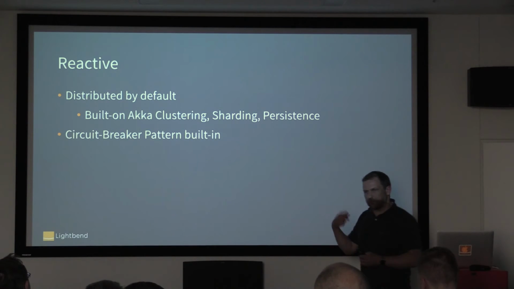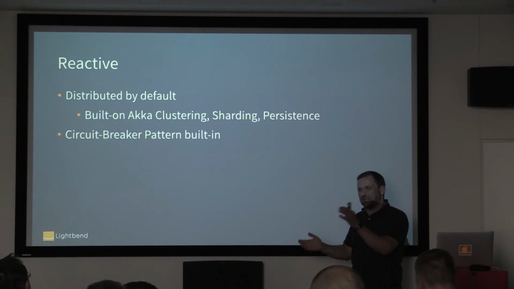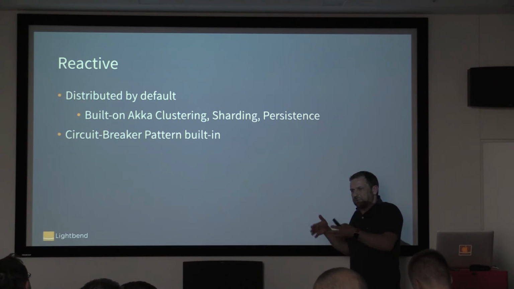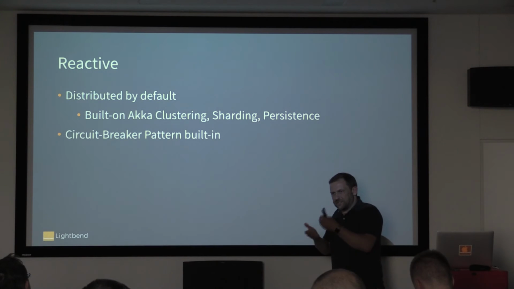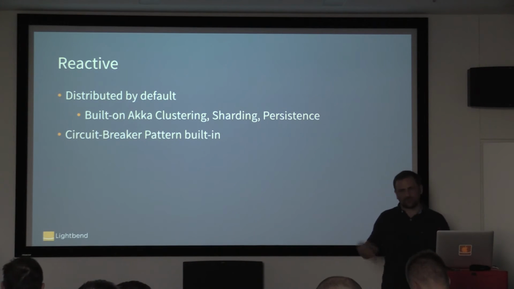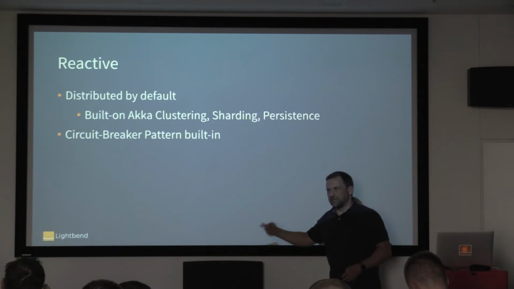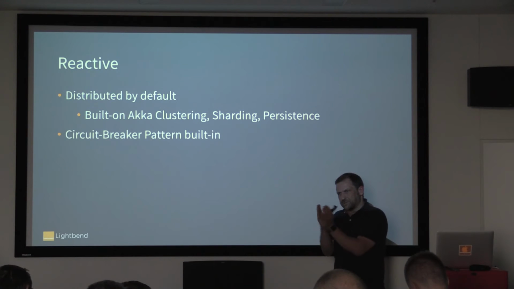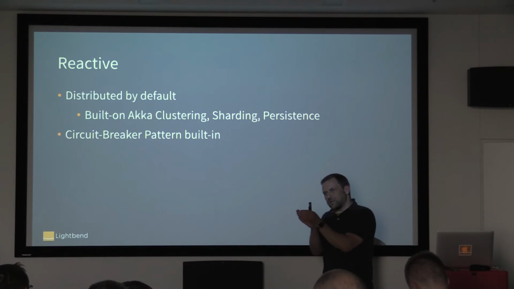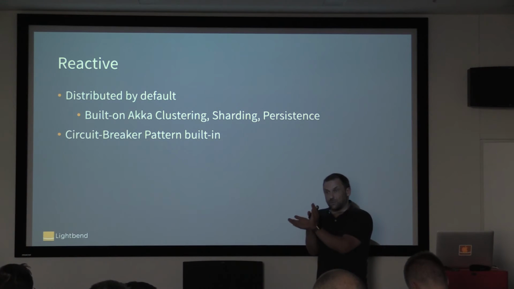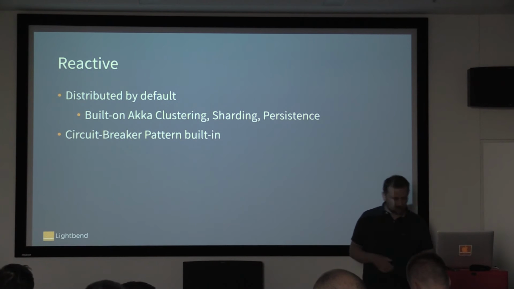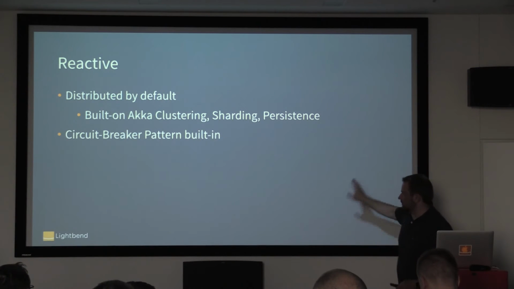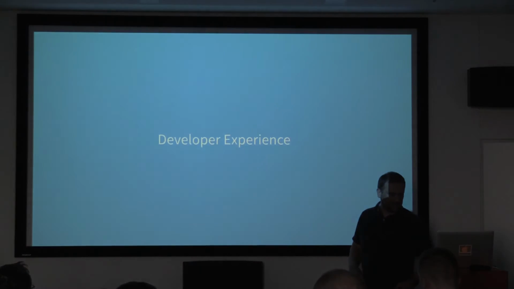Now, if you have a lot of requests that go to the service, they might pile up, and it might be difficult for the service to recover because it's overloaded with more and more requests as things time out and are repeatedly tried. So the circuit breaker pattern says, if a service times out a couple of times, I'm just going to open the circuit, I'm not going to bother the service again, and then maybe after a while, I'm going to try again. If it fails, I'm just going to open the circuit again. The circuit breaker pattern is built into Akka and also available in Lagom, of course.